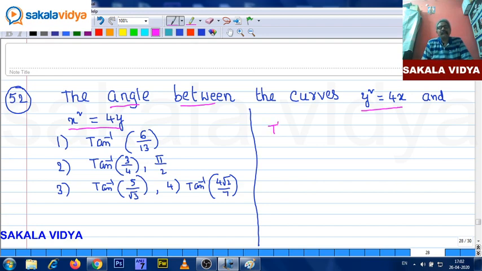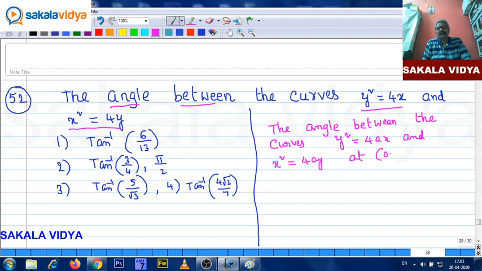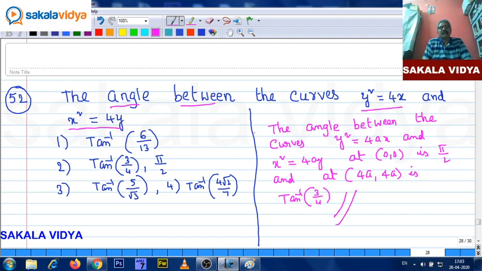The angle between the curves y squared is equal to 4ax and x squared is equal to 4ay at 0 comma 0 is pi by 2, and at 4a comma 4a is tan inverse 3 by 4. This is the standard result, need to be remembered.